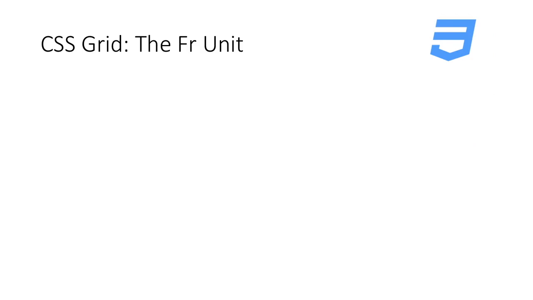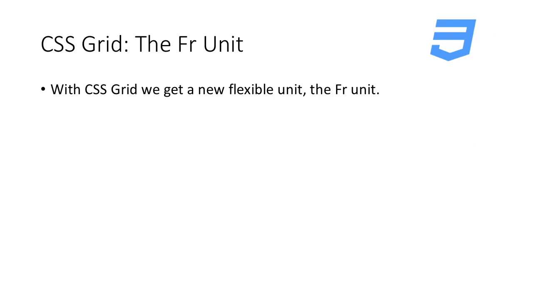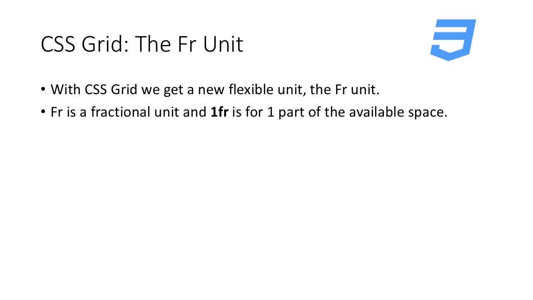And then, if you wanted to do it in CSS Grid, have something be the same, like say width and height, you can also do height too. You can use what are called FR units. FR units are essentially a fraction. So 1 FR is for 1 part of available space. Essentially, it's doing the calculation automatically.